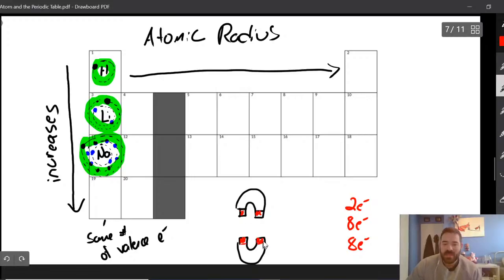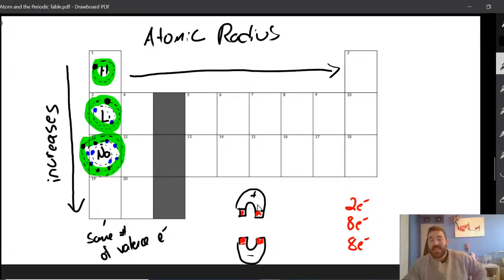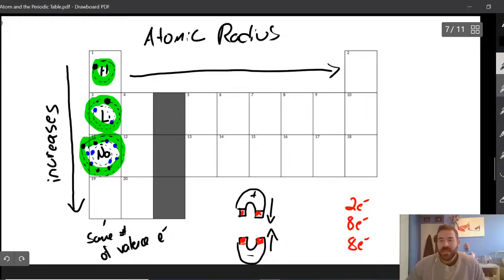Let's say that this one is positive and this one's negative. The size of the negative and positive charge of the magnet will affect how strongly they're attracted to each other. If I increase the magnetism of the positive magnet and the negative magnet, they will be attracted with a greater force than if they were smaller. And the larger the magnets, the more they're going to be attracted to each other.